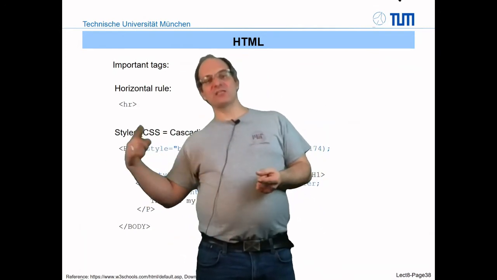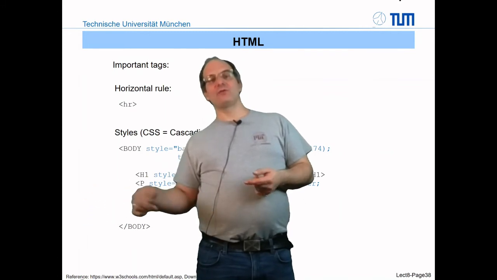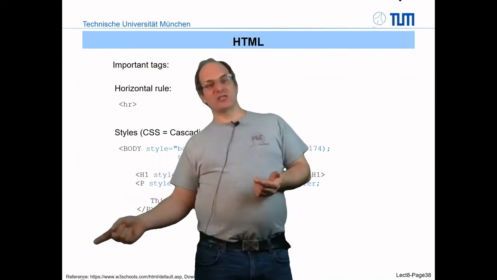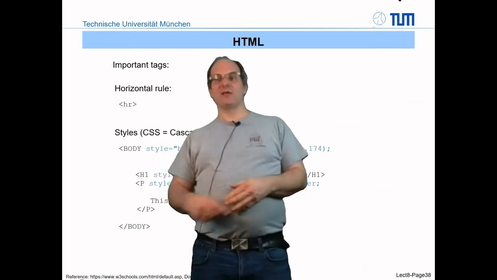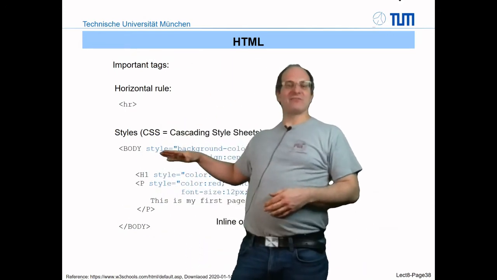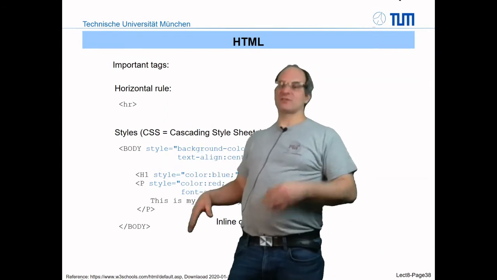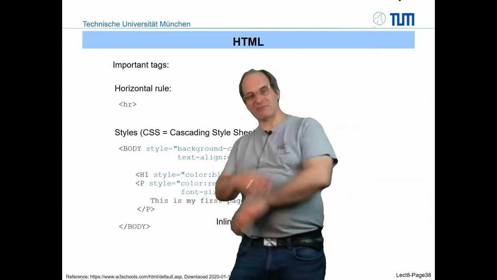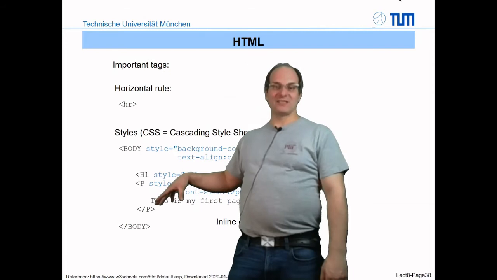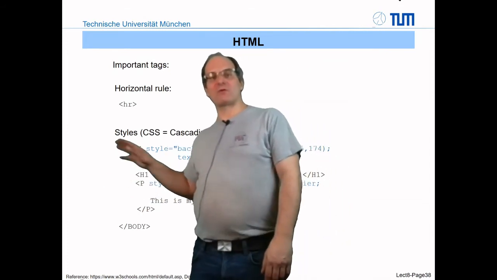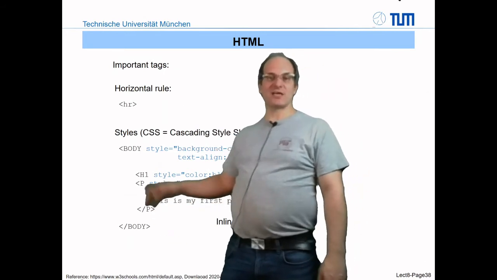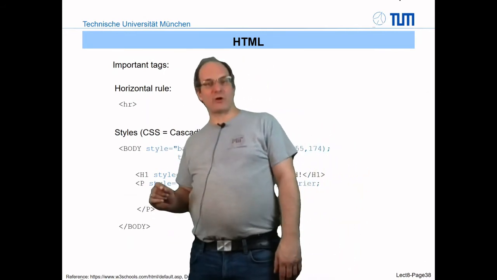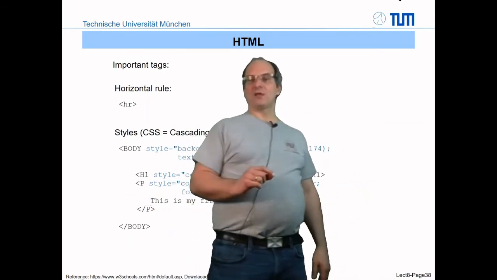And if you do your content management and you change it in one position, the whole style will be changed everywhere. Okay, so therefore you can define your own very specific style. The font size is everything. You have to learn this if you want to become a programmer of HTML pages. If you don't do this, you use the standard style, and the standard style is defined by the browser. Okay.